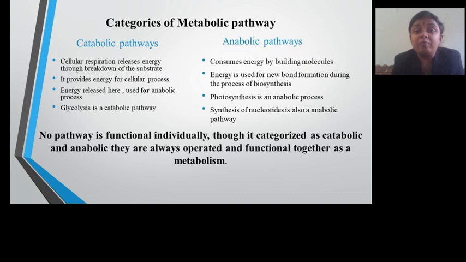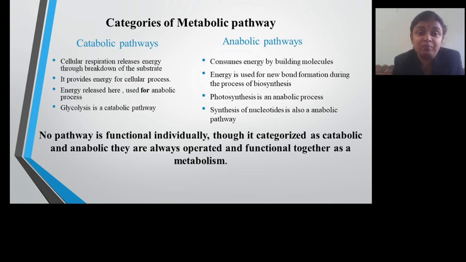Anabolic pathways lead to the synthesis of building molecules or biomolecules. Anabolic pathways include biosynthetic reactions. The classic example of an anabolic pathway is photosynthesis, as well as the synthesis of nucleotides.